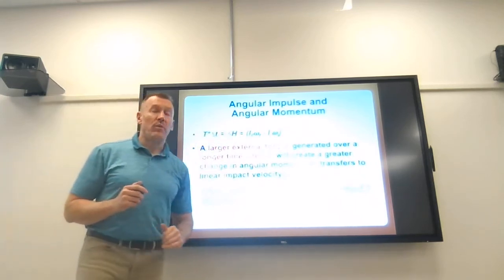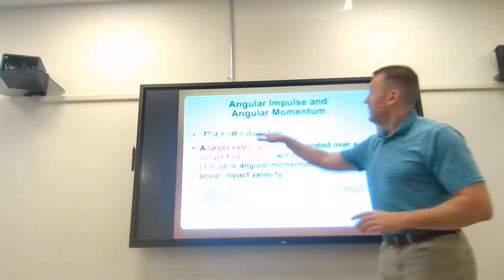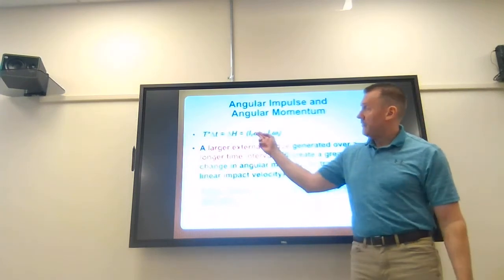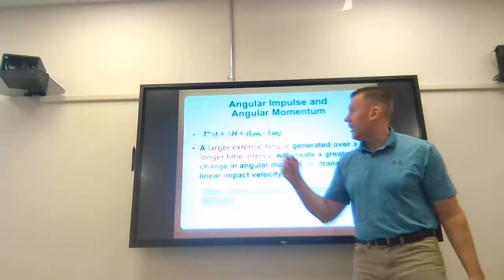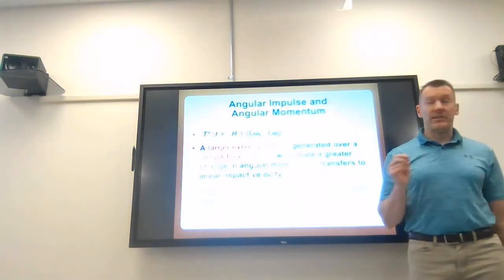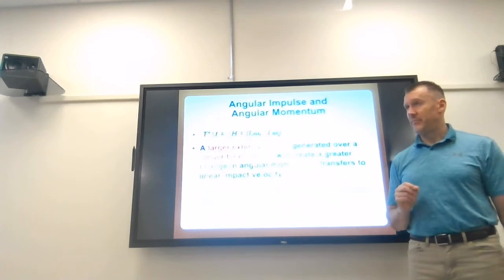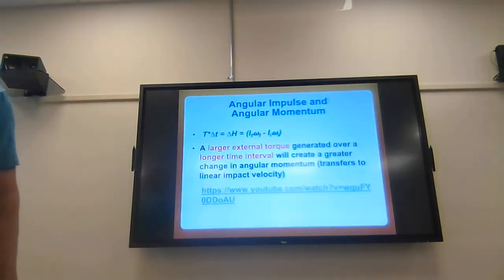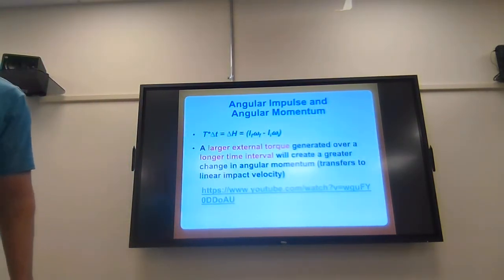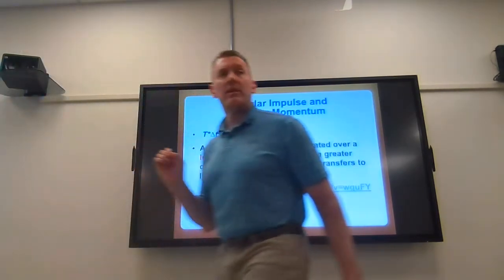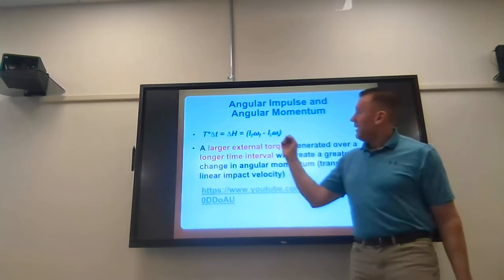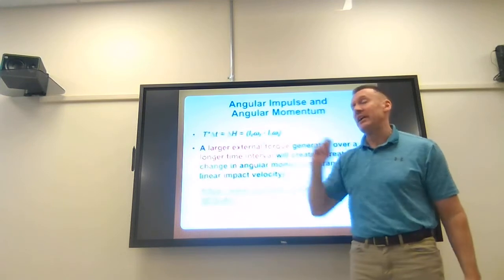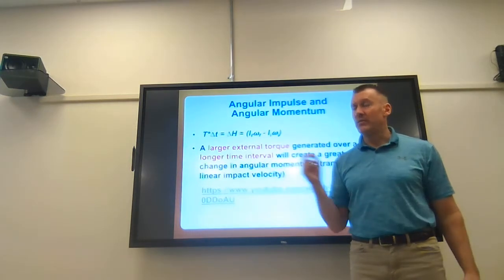So a torque applied over a time period, or a change in time, equals a change in angular momentum. Notice with angular momentum, we can have two parts. An object or body can have a final angular momentum, and an initial angular momentum. We can apply a torque over a period of time to bring a rotating body or object to a stop, in which case the initial would be greater than the final, because if you're bringing a rotating body to a stop, the final angular momentum would be 0.